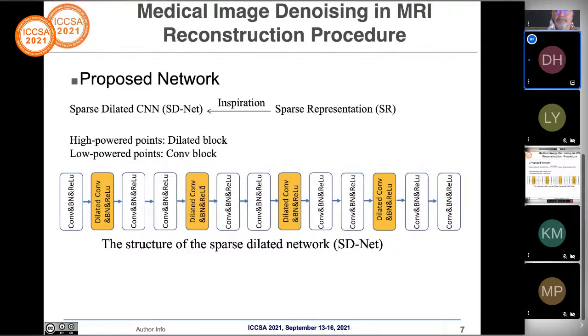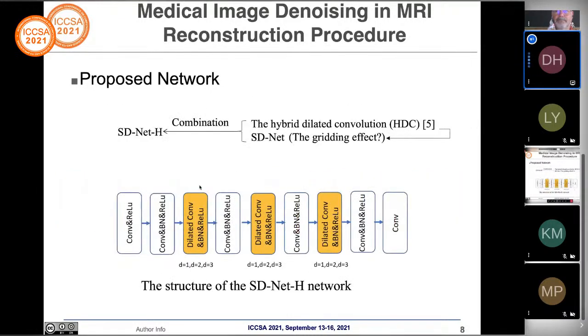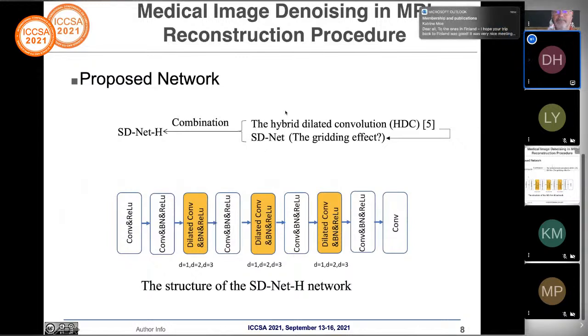to reduce computation. And this is another network we proposed based on the SDNet. This time we combine the hybrid dilated convolution, because in some situations there's a gridding effect in the output image of our previous network. So this technique tries to eliminate this effect.